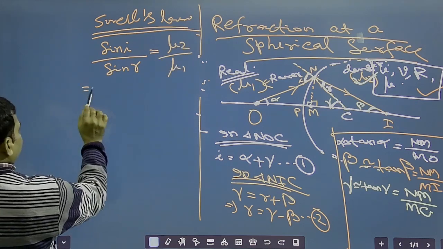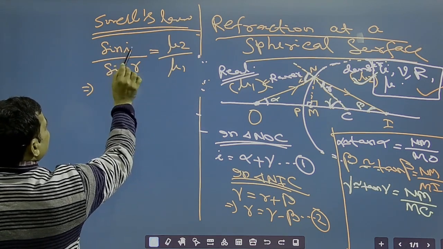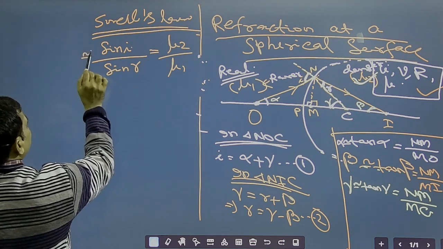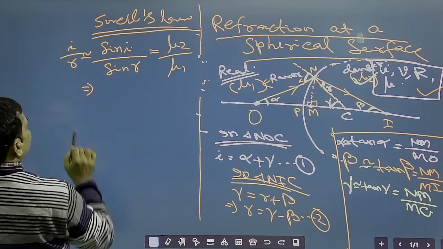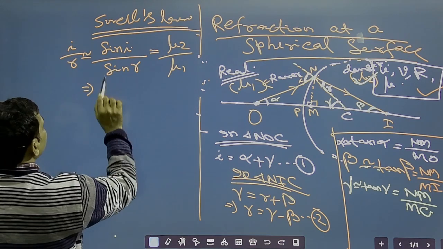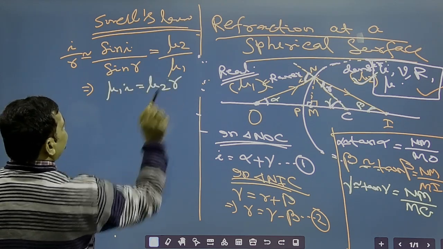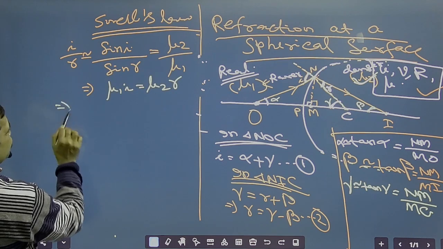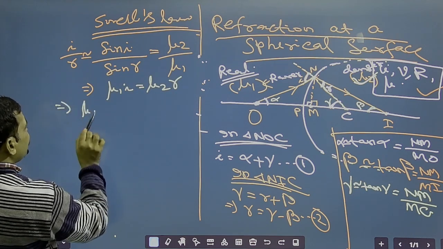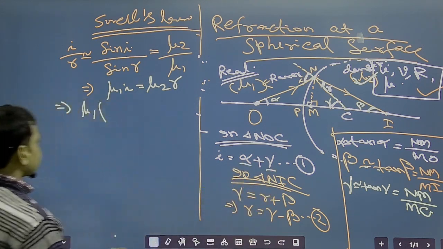As already we have taken the approximations, we can take sin I and sin R, so I can write this as I upon R. By cross multiplication, we will get mu1 into I equal to mu2 into R. Now we will be putting in the values. So mu1 into I, for I I can write alpha plus gamma, right?